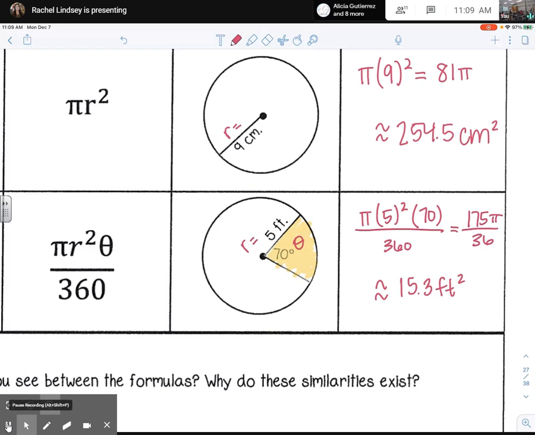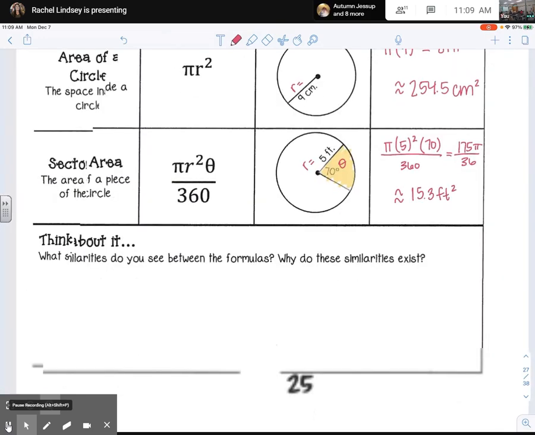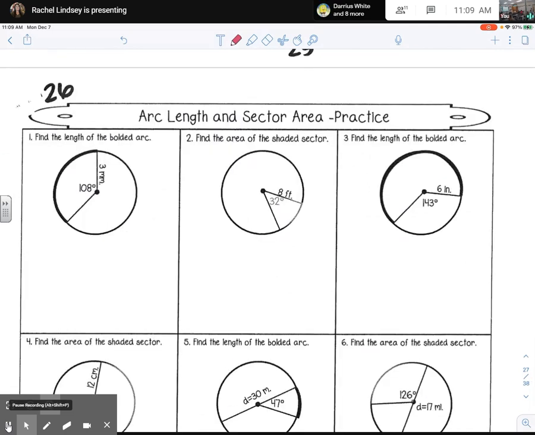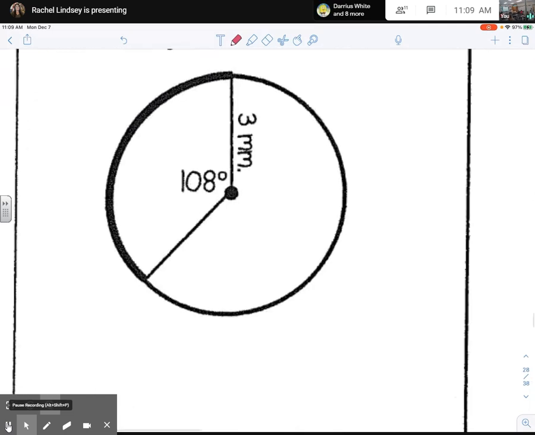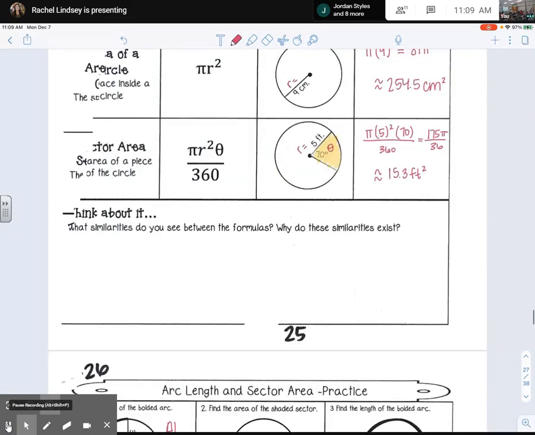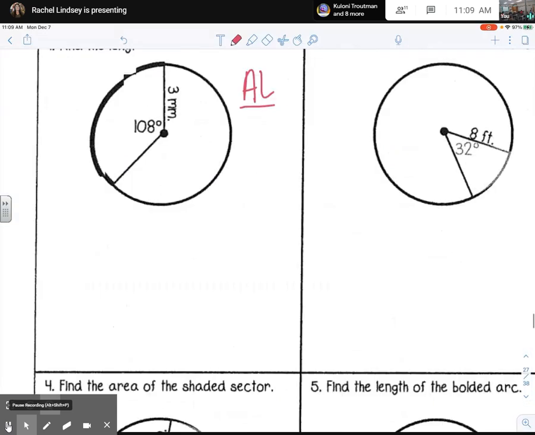Okay, so we're just gonna do a few of these on this back page, page 26. I want you to find the length of the arc that's bolded, so that means we're gonna do arc length. So if we're doing arc length, that means we'll do 2 pi r times theta over 360.